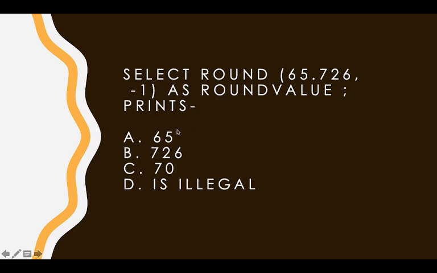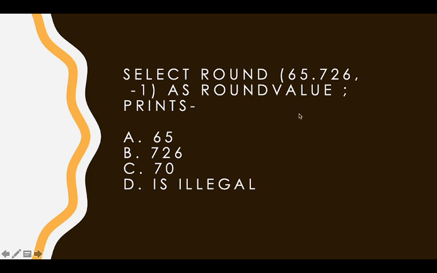So 65 is the incorrect answer, 726 is also incorrect, 70 is the right answer, because 65, if you round it, will come out to be 70, as the number is greater than or equal to 5, if you know the basic round rules that we have. And obviously option D will also be rejected, that is illegal, because definitely this command will be executed, and the answer will be option number C, that is 70.